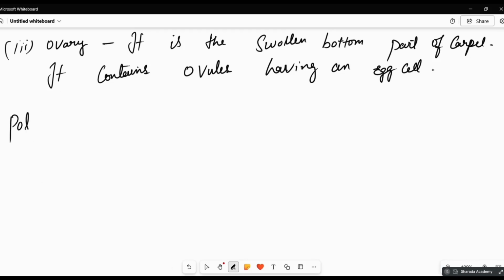Next, write the pollination. What is pollination?